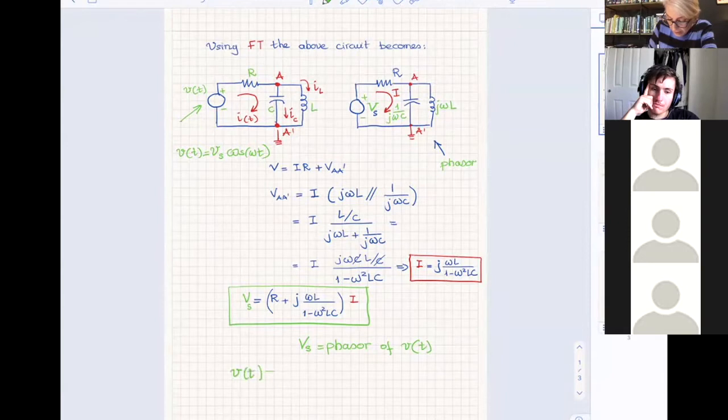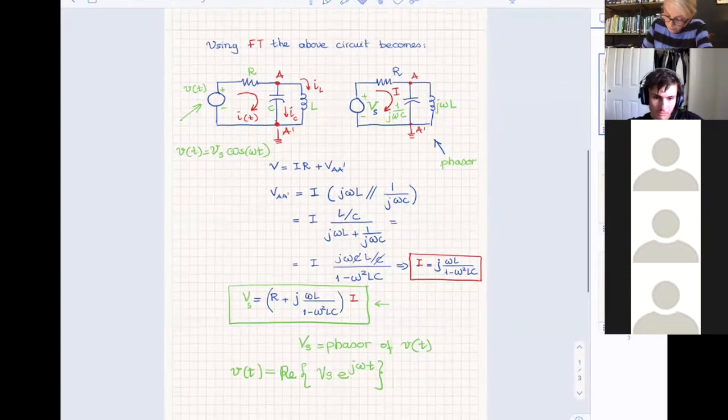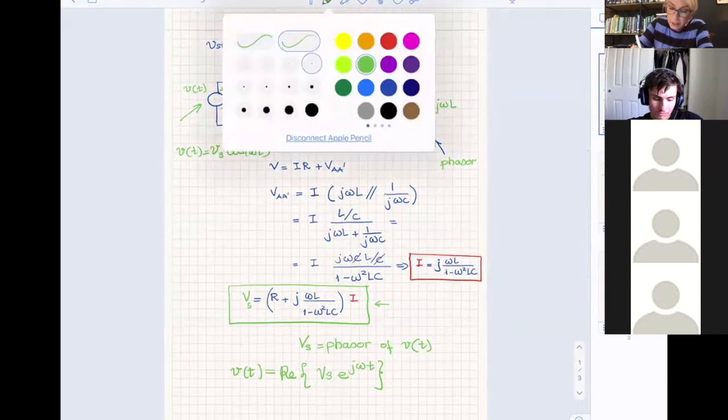V of t is nothing else, according to what we've learned before, but the real part of V sub S e to the j omega t. Okay, so then if we replace here V sub S by whatever we find up here, if we take this and we replace it here, all right, so we take this one.